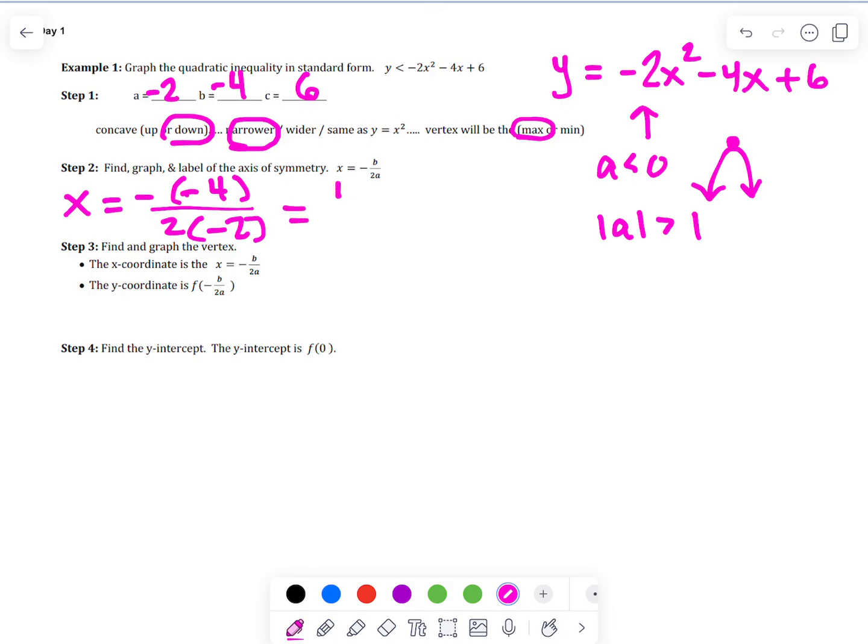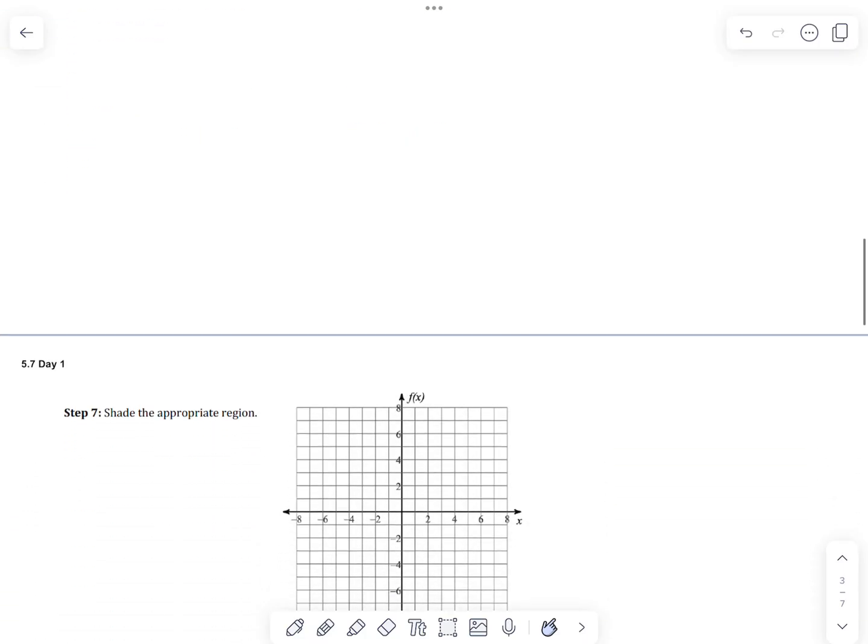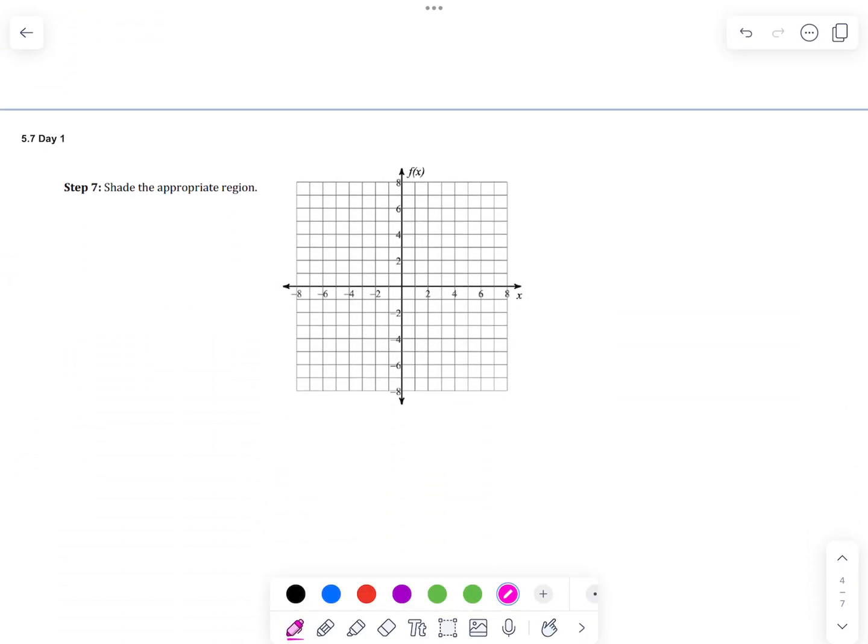So the numerator will be 4, the denominator will be negative 4, and we get negative 1. So you want to write that equation as x equals negative 1. So I'm going to go ahead and graph that. So there's my line of symmetry.